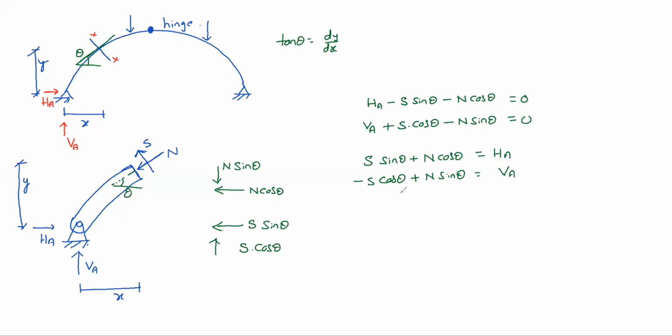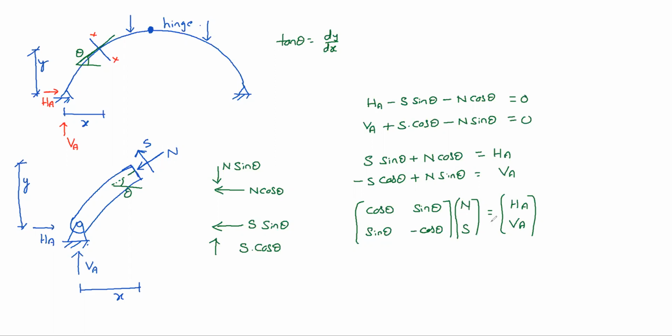You can write it like this, with cos theta, sin theta, minus cos theta, times N and S, equal to HA and VA. See, N cos theta plus S sin theta equal to HA, N sin theta minus S cos theta equal to VA.